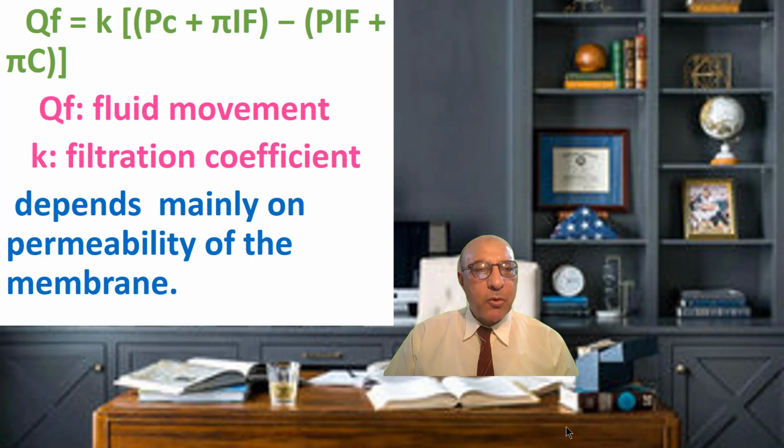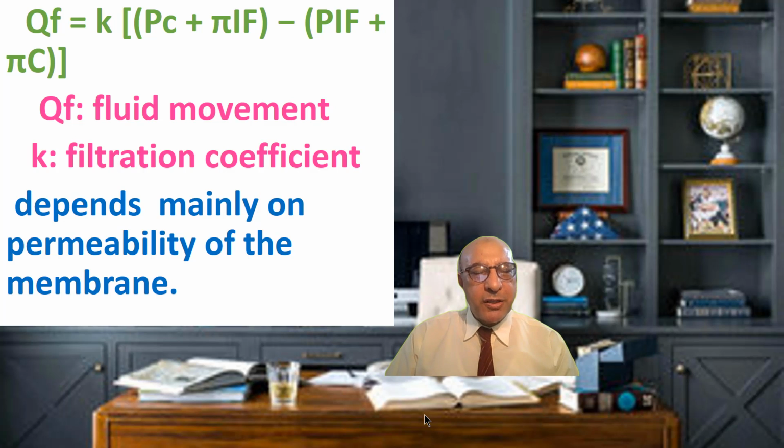We will hear much more about the capillary membrane later on in this discussion. And this is, as we see here, a sum of the hydrostatic pressure in the capillary plus the oncotic pressure in the interstitial space. Why do we add here the oncotic pressure in the interstitial space? Because they are acting in the same direction.